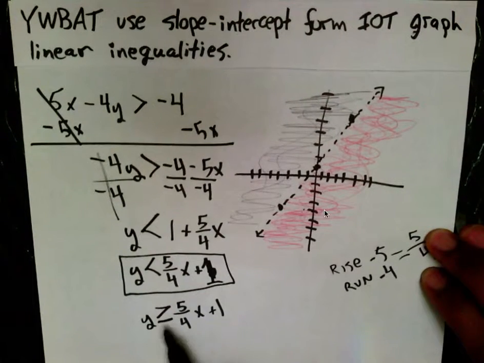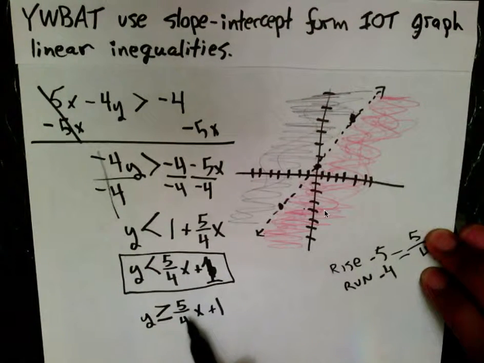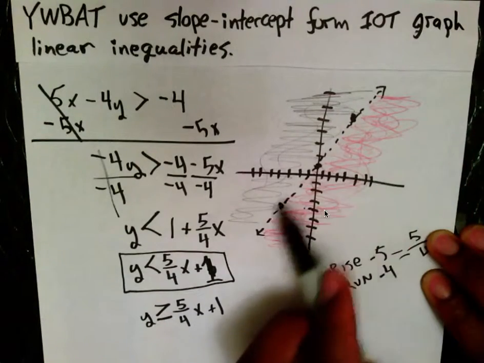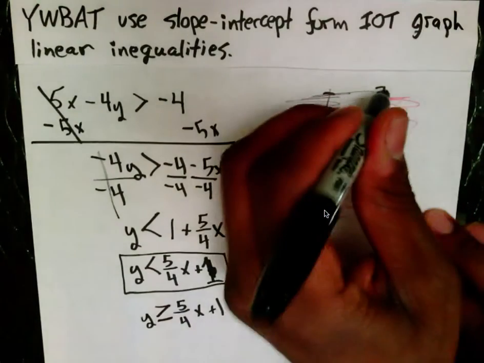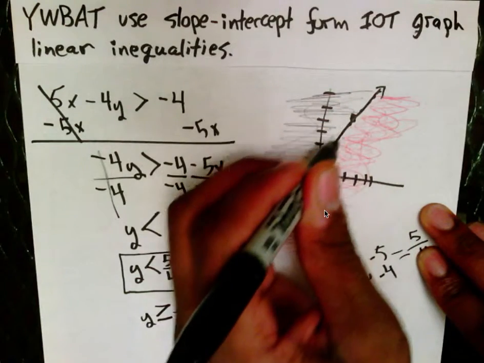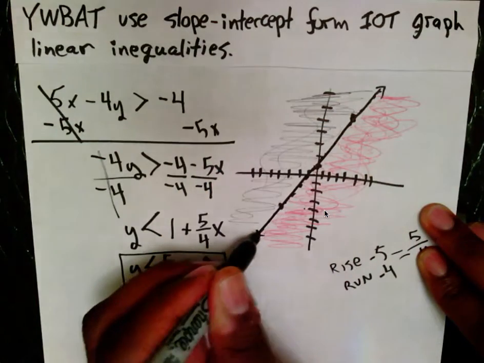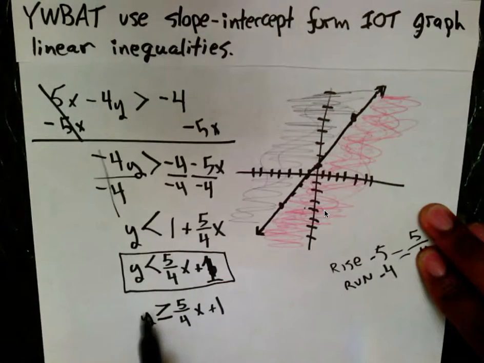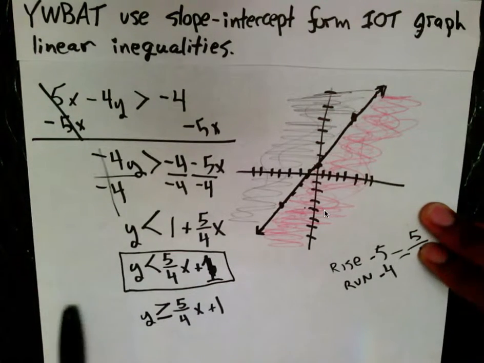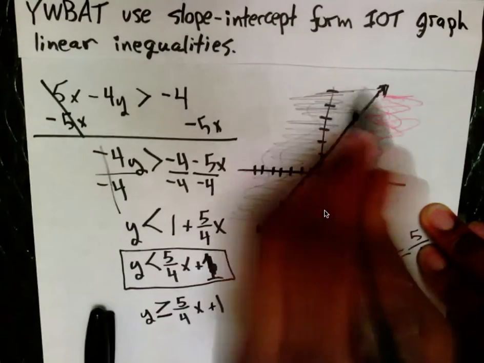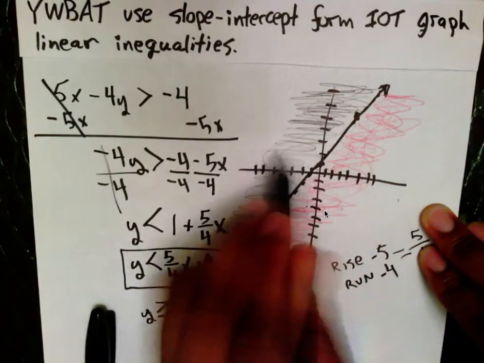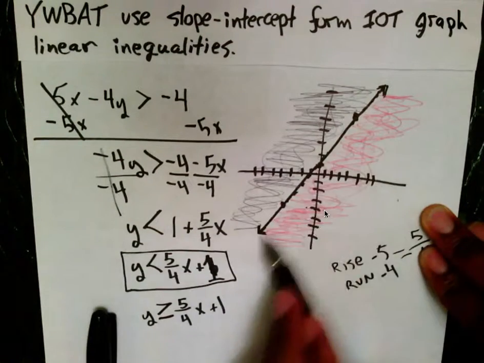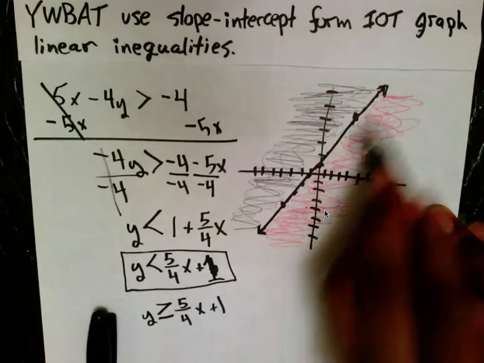So now, if it's greater than or equal to 5 over 4x plus 1, now we know that it includes the points on the line. Therefore, we can now shade in the line, make this a solid line. And if y is greater than or equal to 5 over 4x plus 1, we shade in anything above the line, anything greater than the line, including the line, because y is greater than or equal to.